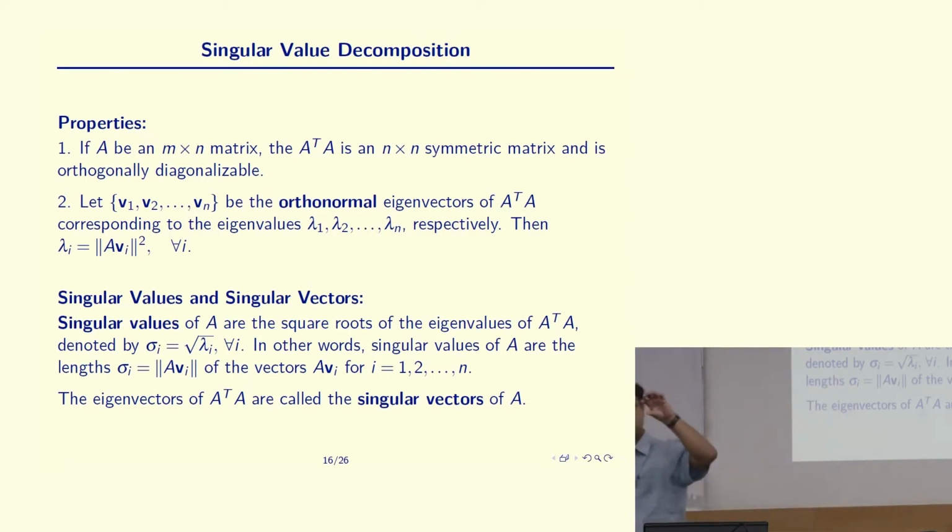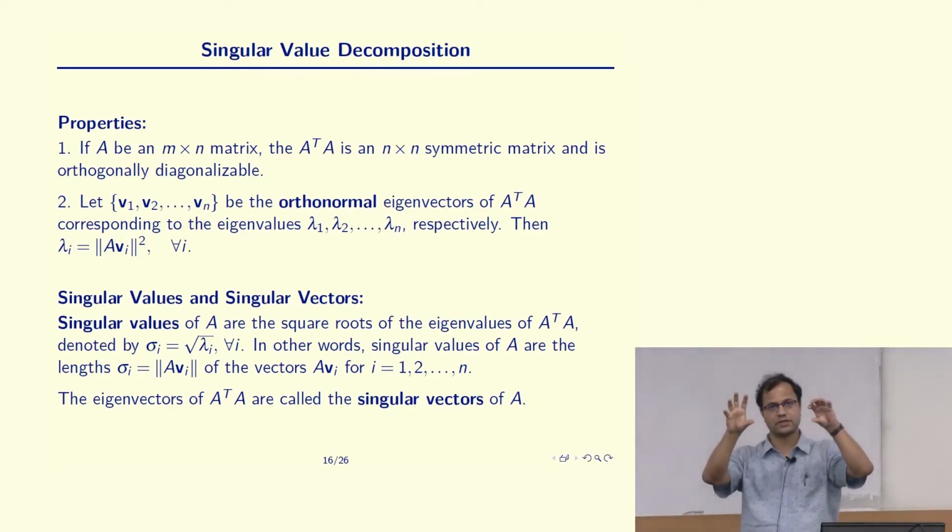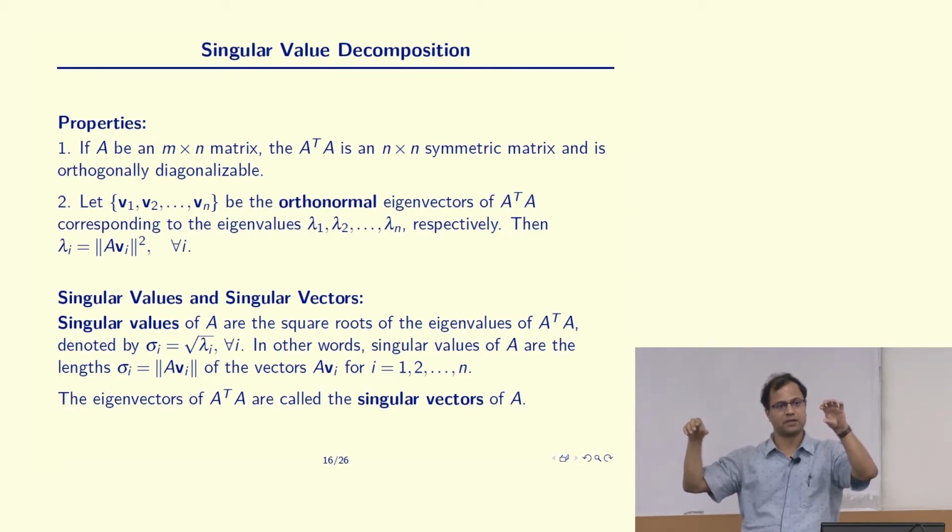So corresponding to the matrix A, we are considering A transpose A, finding all the orthonormal eigenvectors of A transpose A, and the singular values will be lambda 1 to lambda n, which are actually the length of those vectors, right?